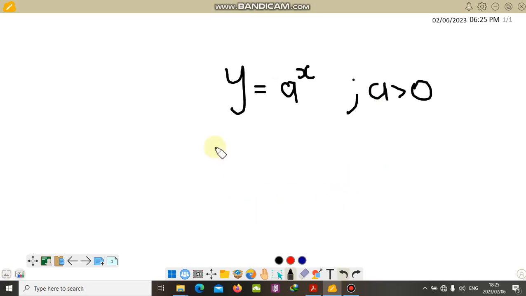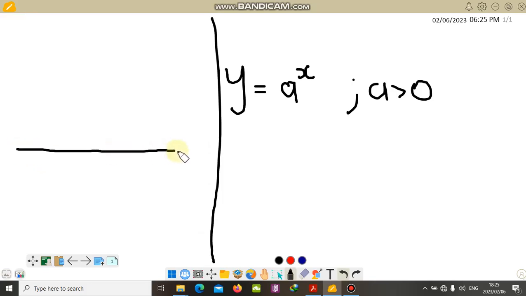Now let's go back to revise what I did on the exponential graphs. When x here is positive, we know that the graph will increase as you go to the right. When x here is negative, the graph will increase as you go to the left. That was what is happening.